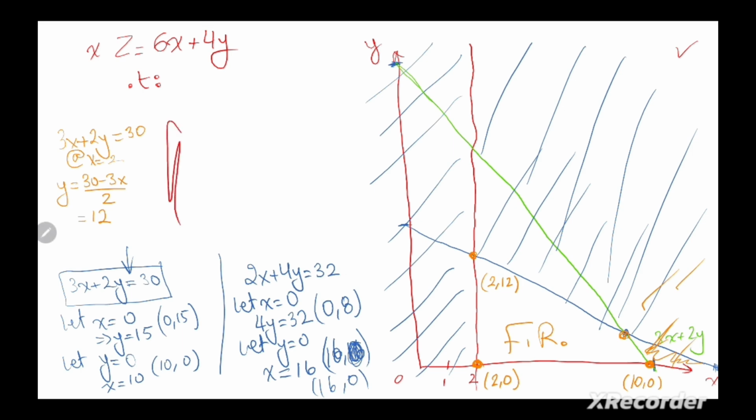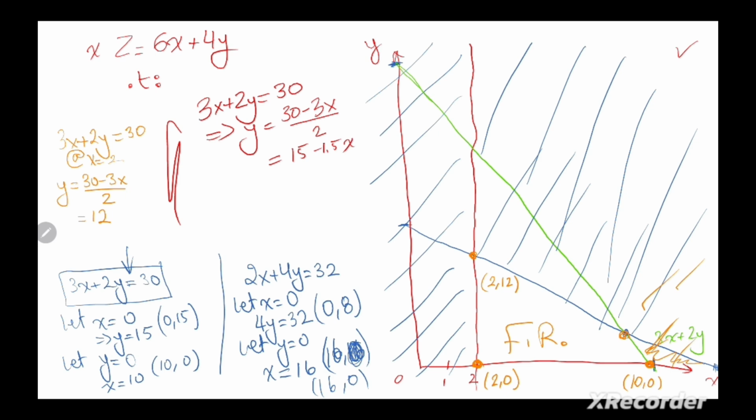Okay, we're back. So we have 3x plus 2y equal to 30. This means that y is equal to (30 minus 3x) over 2, which is equal to 15 minus 1.5x.